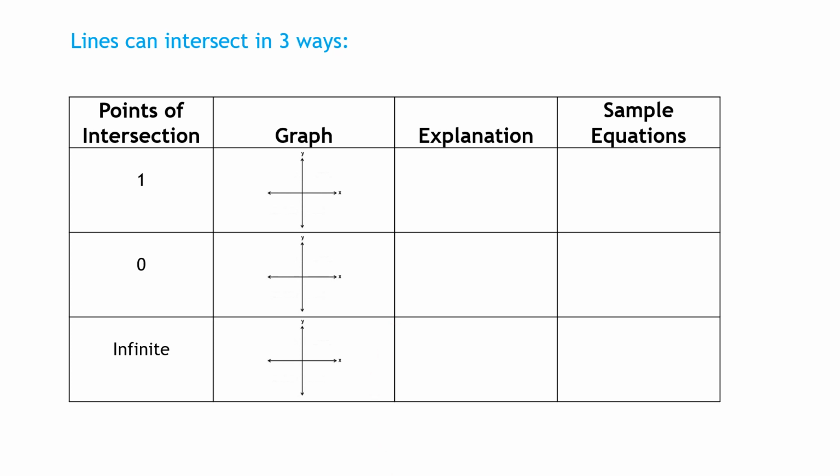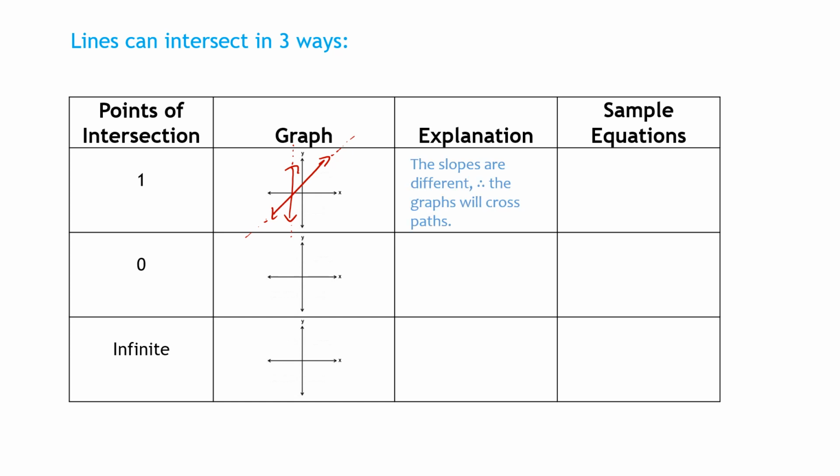If I just draw, say, a line here, and then another one here. Whoops, I shouldn't have drawn a vertical one, but that's okay, it doesn't matter. They cross once, and if you imagine these lines continuing on to infinity in each direction, they're never going to cross again.